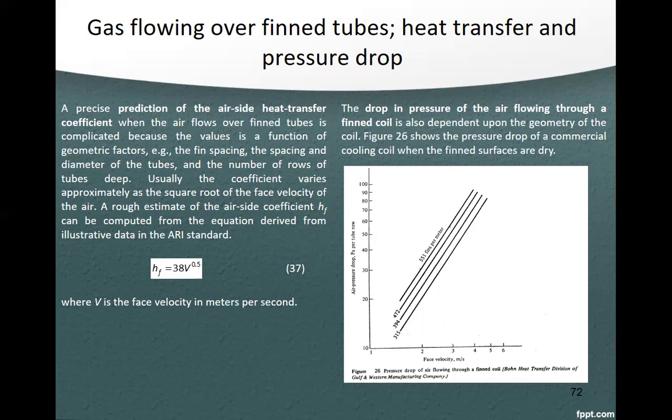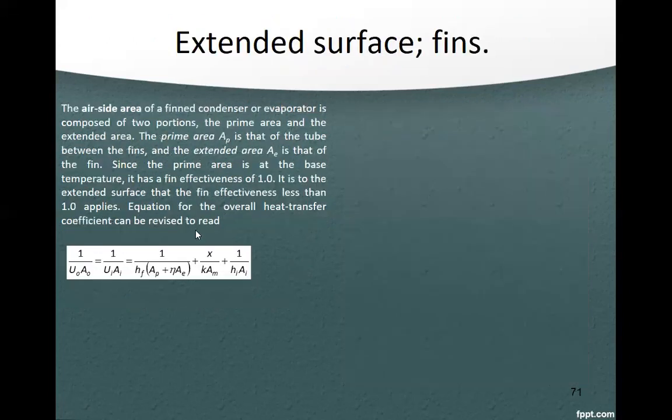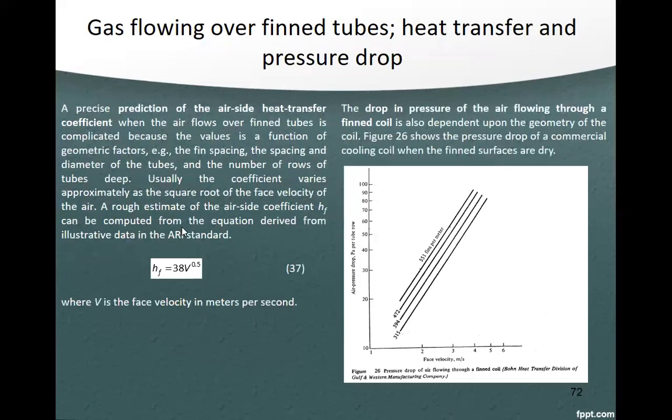A precise prediction of the air side heat transfer coefficient when the air flows over fin tube is complicated because the value is a function of geometric factors, that is the fin spacing, the diameter of the tube, and the number of rows or tube depth. Usually, the coefficient varies approximately as the square root of the face velocity of the air. Air to eh. Ito yung water cycle o refrigerant.